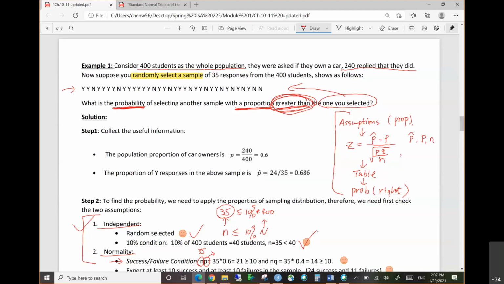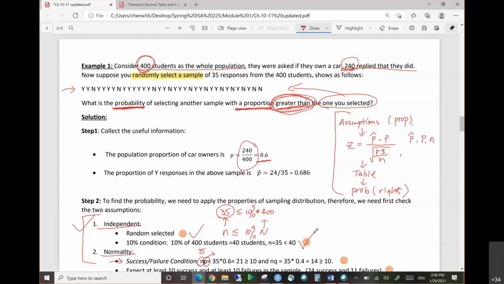All right. So 240 divided by 400. Within these 400 students, there are 240 of them who reply that they own a car. That means the population proportion will be 240 divided by 400, which is 0.6.